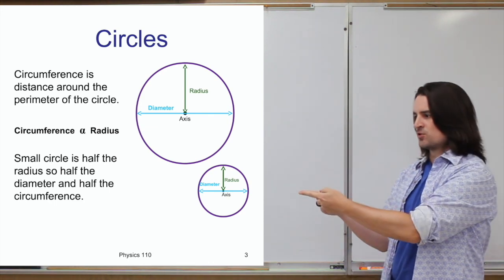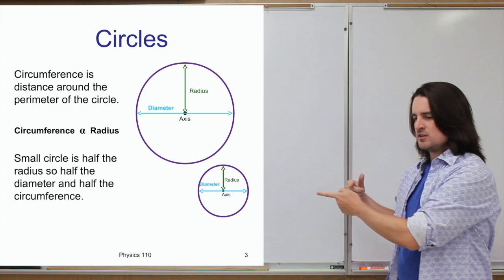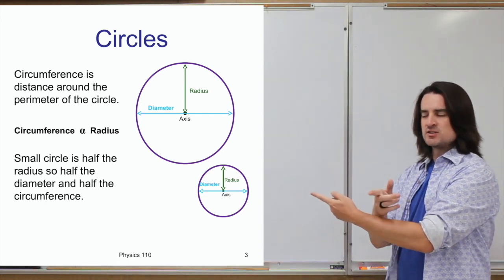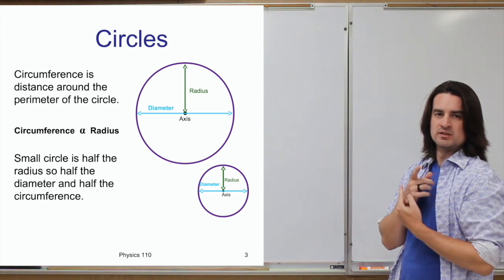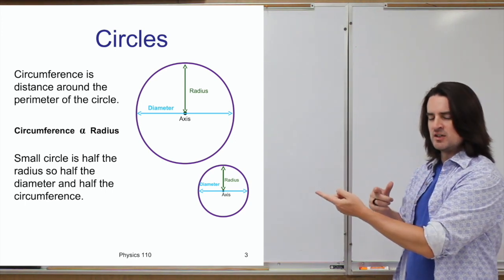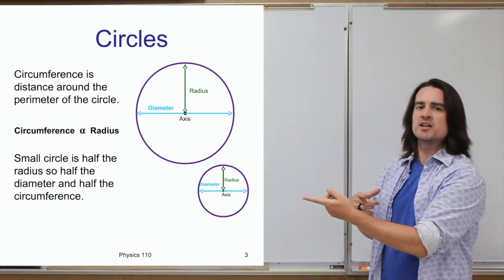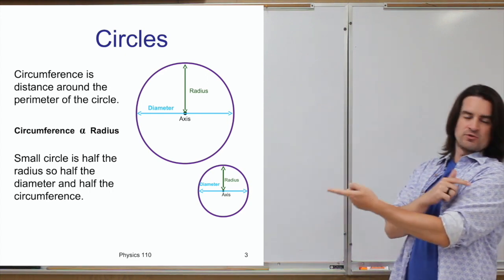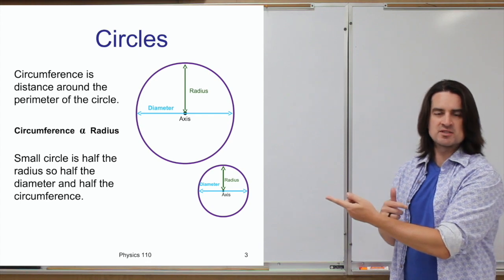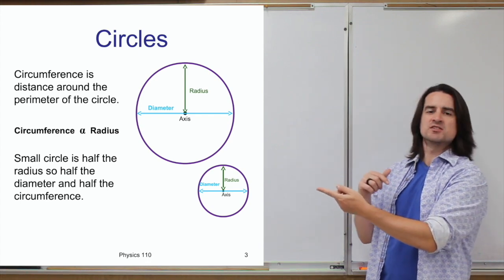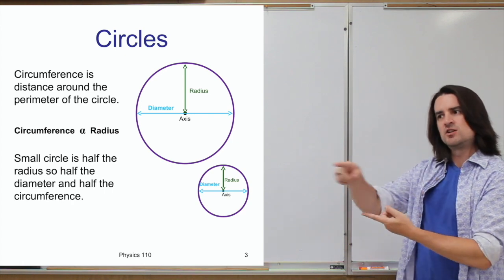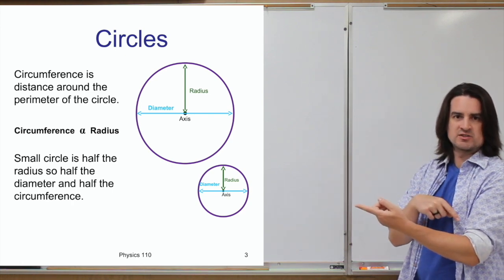But if the axis is further away from me, then how I classify how quickly I'm going around that axis depends on how far away I am. If I'm really close to it and I walk at a steady pace, it's not going to take very long to go around that axis. But if I'm much further away and I walk at that same steady pace, so my velocity, the one we thought about before, is the same, it's going to take a much longer time to rotate around that axis.